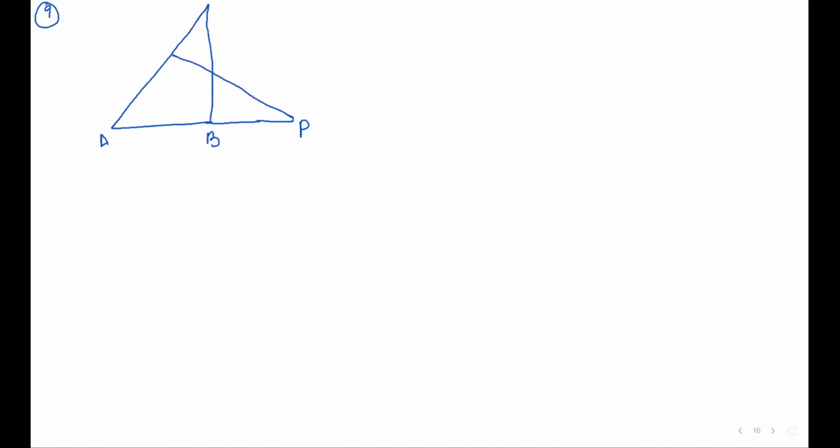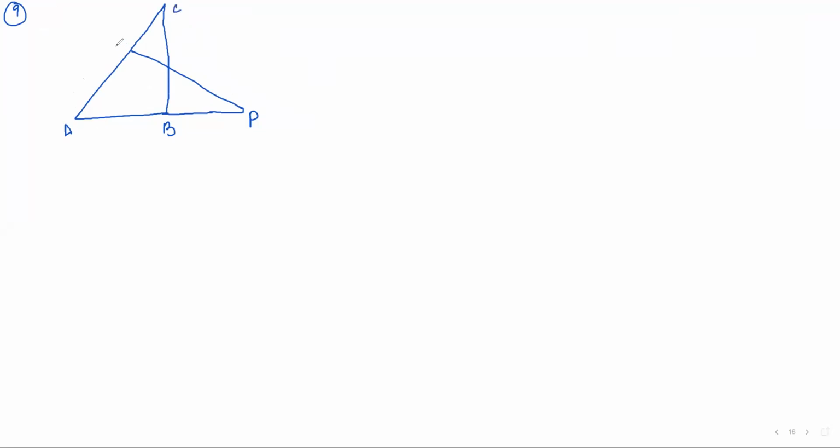Question number 9. So it's a figure like this. In the given figure, ABC and AMP are two right triangles, right angled at B and M respectively.